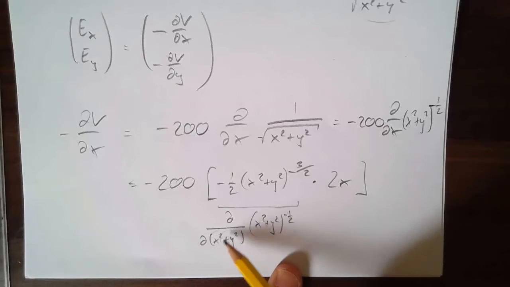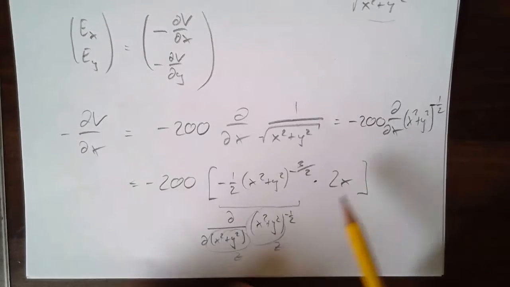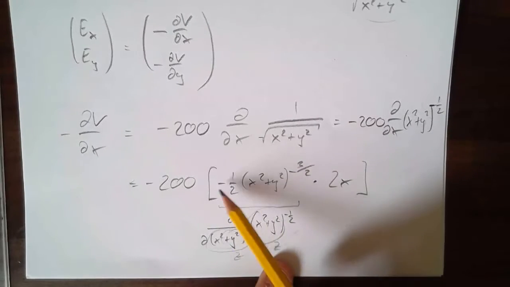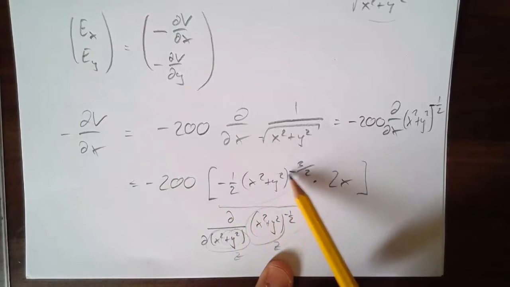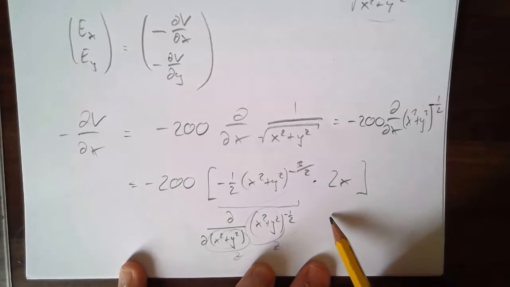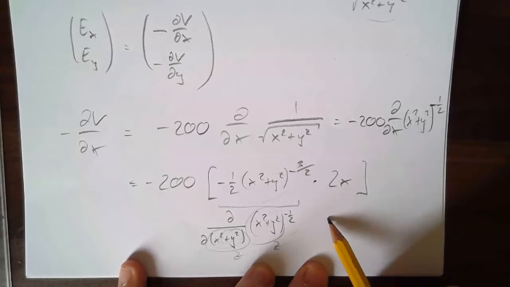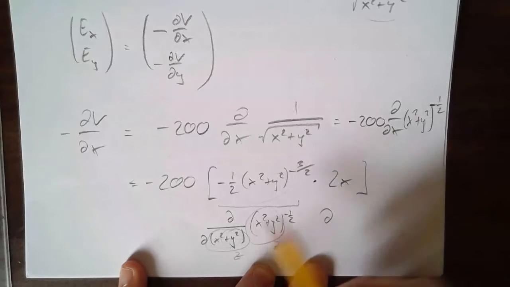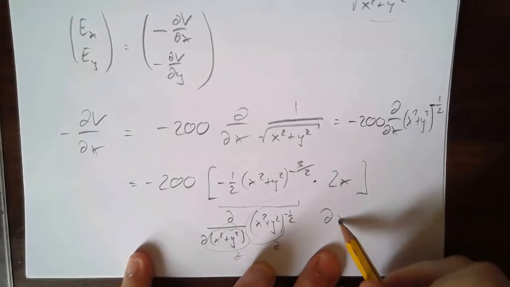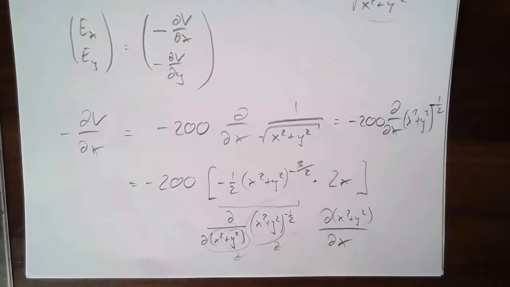Or, let's call it z. Imagine this is just a z, and I take d/dz of z to the minus 1/2. You know how to do that, right? That gives me minus 1/2 z to the minus 3/2. But then I have to multiply this by d of x squared plus y squared dx.